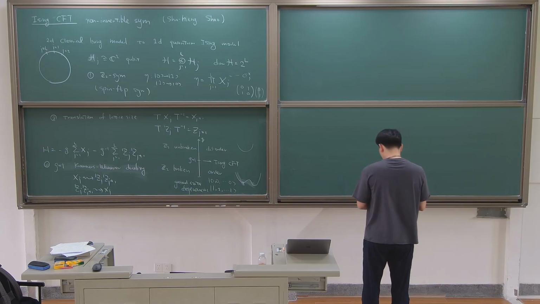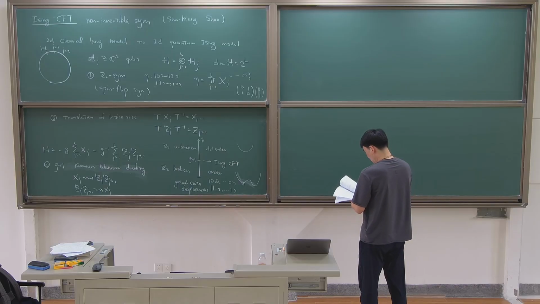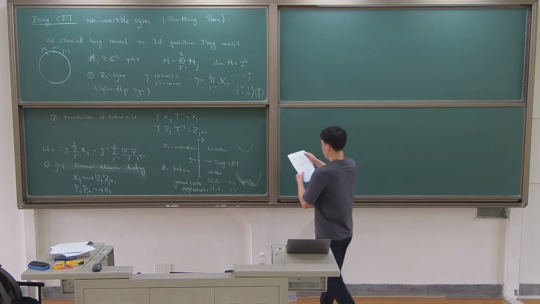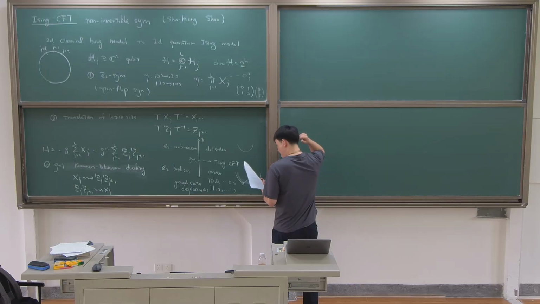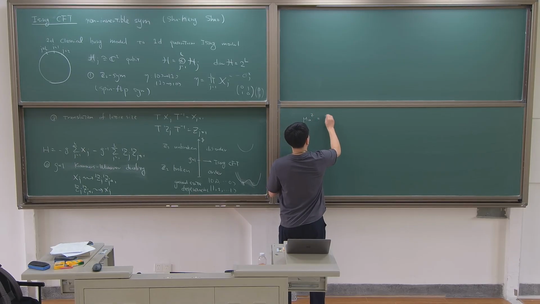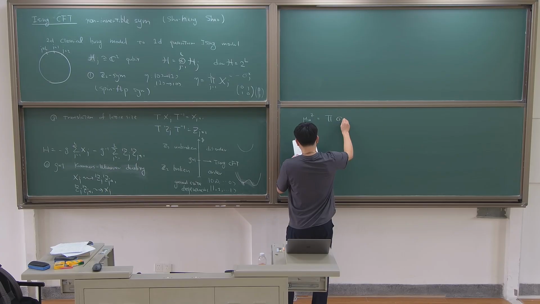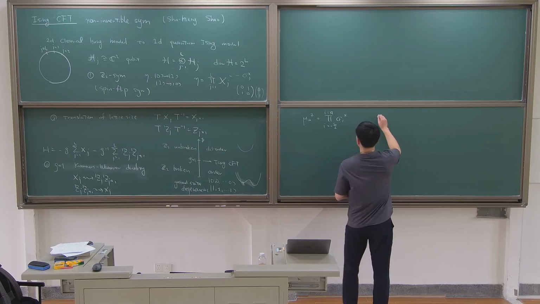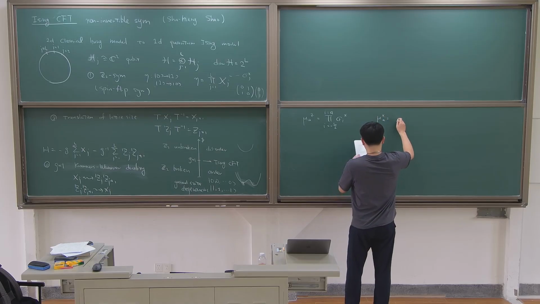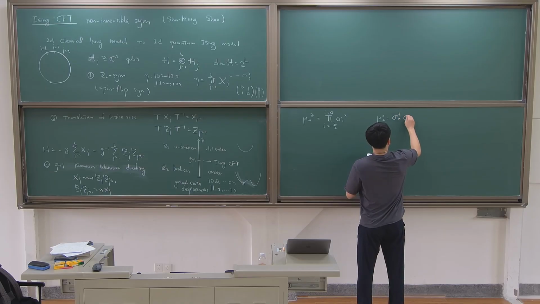Let's recall what we did last time. We define mu A, with the notation being the product of sigma A, sigma I of x, for I from minus L over 2 up to A. And mu x A is the product of the Pauli matrix sigma A plus 1.